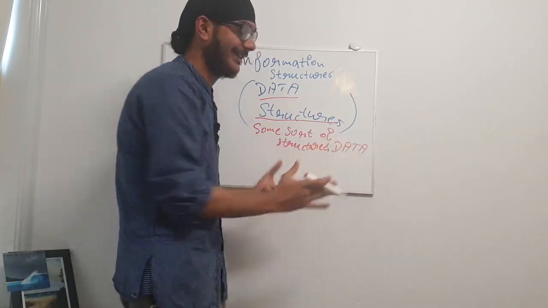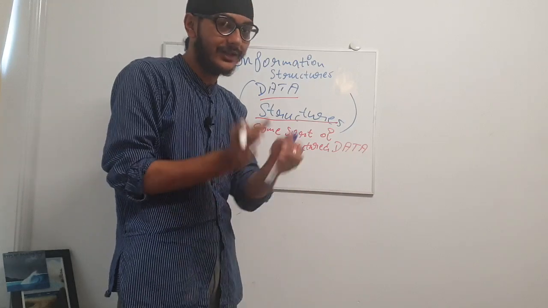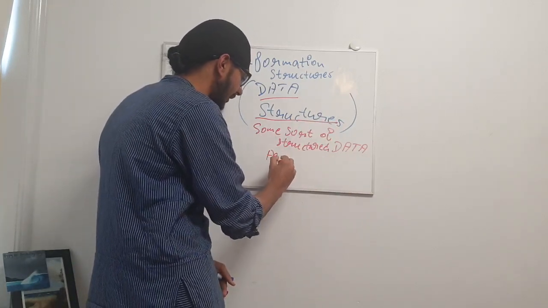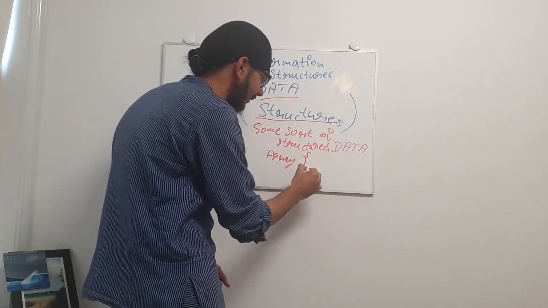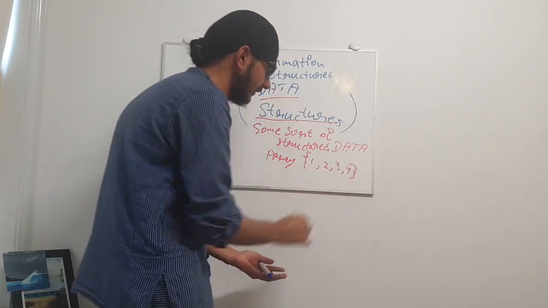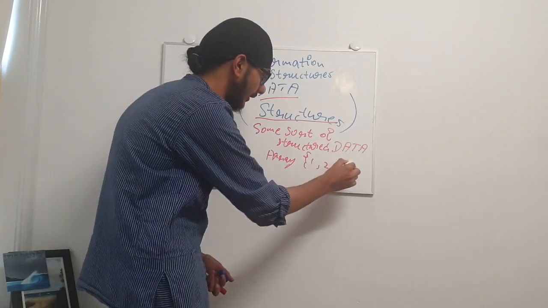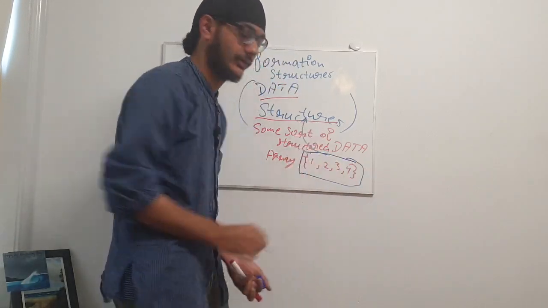That our data is in a structure means there are a lot of parts to it. Like we have an array. It's a data structure because in an array, like 1 2 3 4, we have four numbers, so this whole is a data structure.